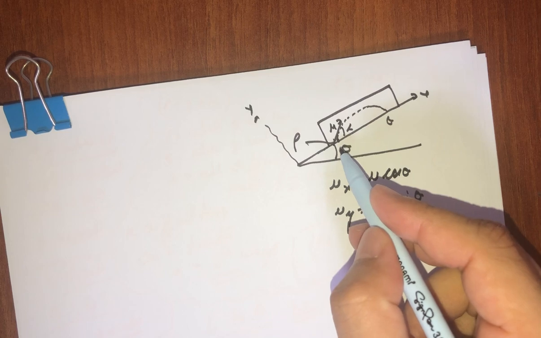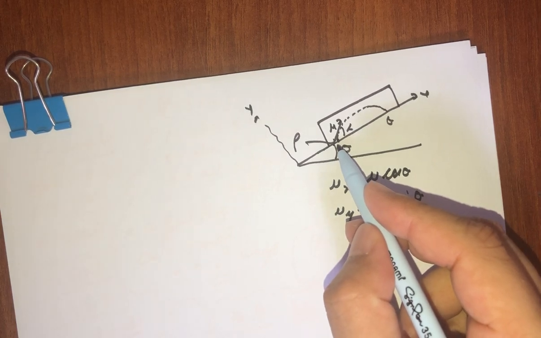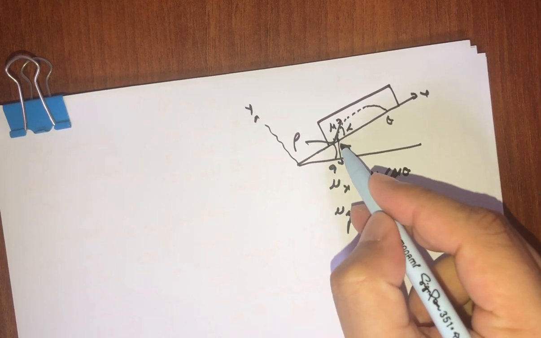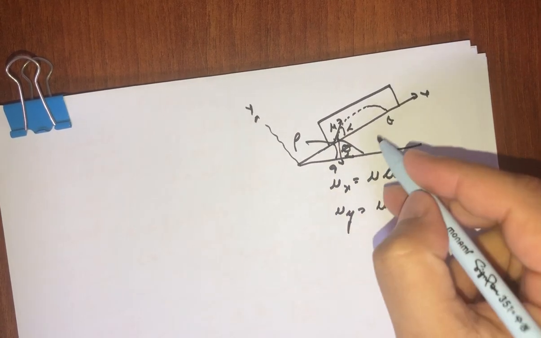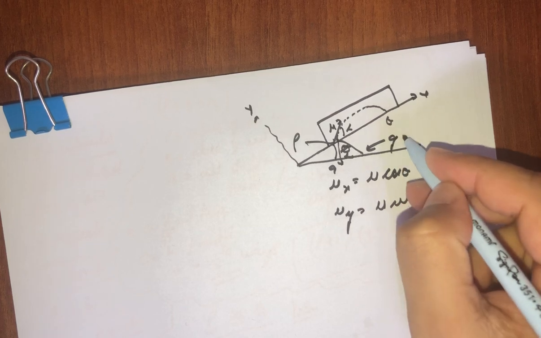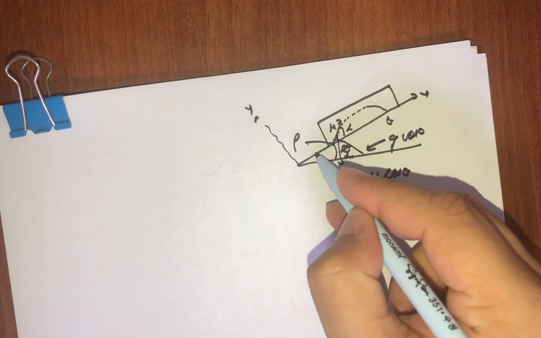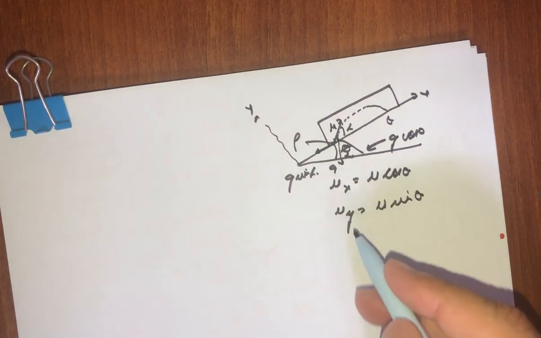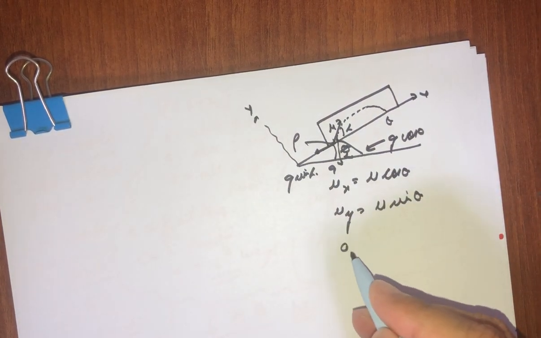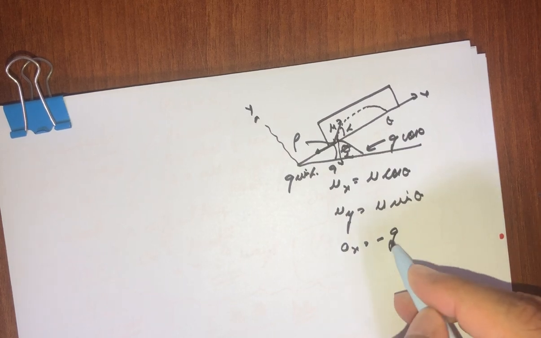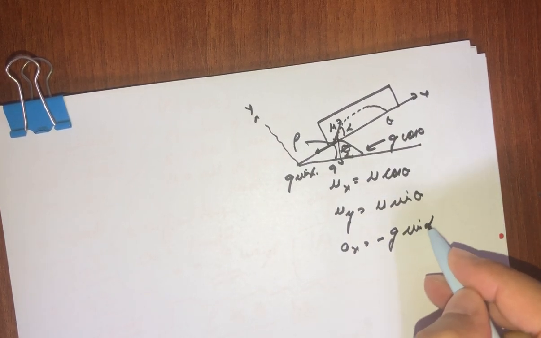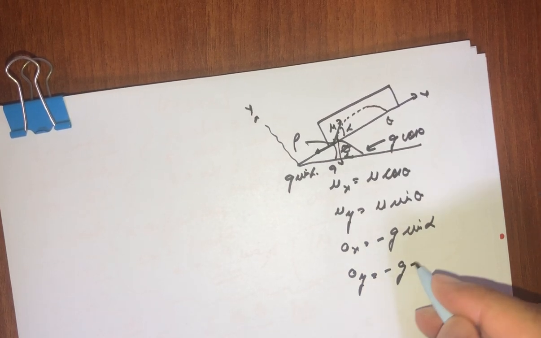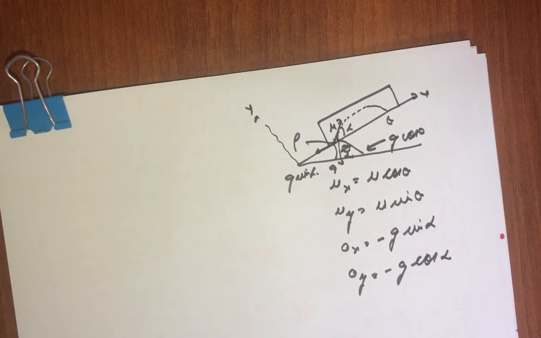Also we can find the components of acceleration due to gravity. So g will be in this direction and we will have theta here. So this will be g cos of theta and this will be g sine of theta. So we have the x component as minus g sine of theta and the y component as minus g cos of theta.